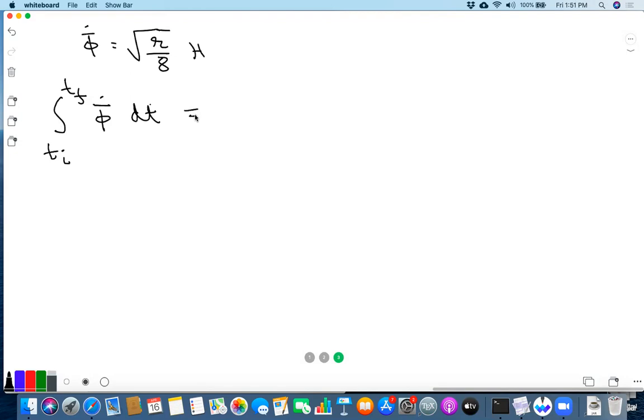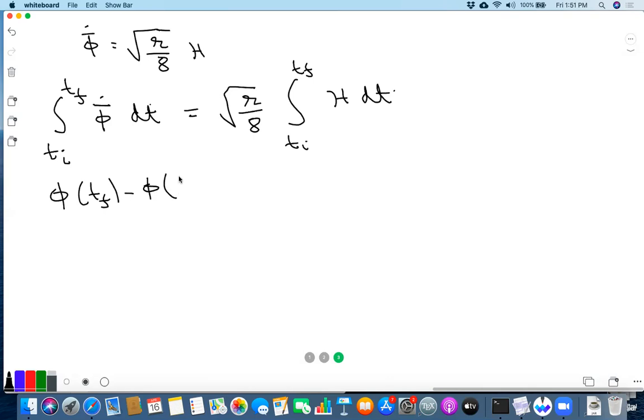So this will be given by this formula. If we assume that r is more or less constant during this last 60 folding, it's square root of r over 8 times integral Ti to Tf h dt. Now this side is phi of Tf minus phi of Ti. This side, on the other hand, is the integral of h dt, that is N. This is the number of e-folding.